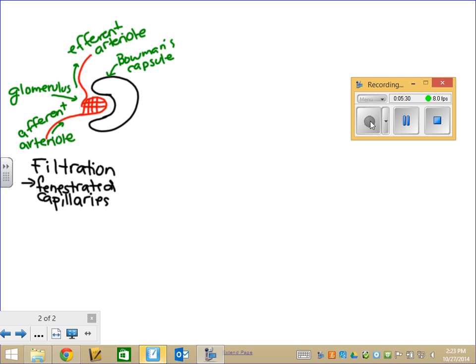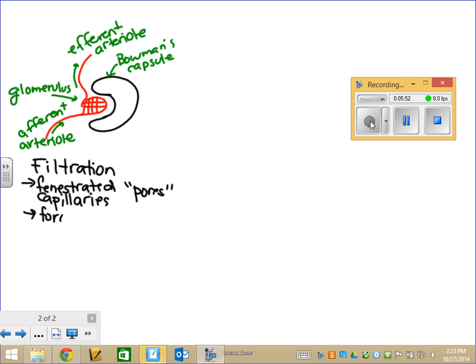So on purpose, I drew a bunch of crisscrossy lines there on the glomerulus. That's to show that there are basically pores. And so the glomerulus is where blood is going to get pushed into your nephron.